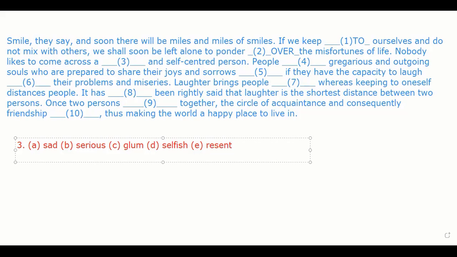Nobody likes to come across dash and dash person. It's a difficult one or not? Meghna says D, Devendra says D.